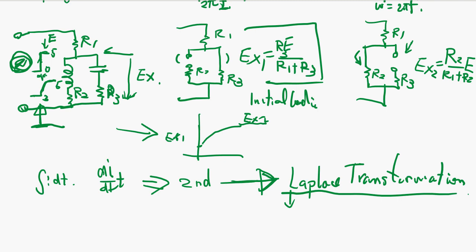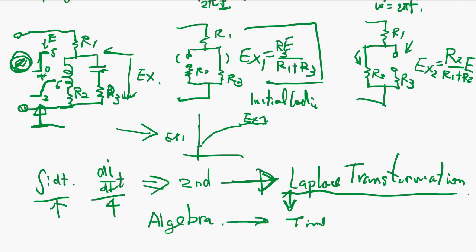Laplace transformation is just like a Fourier transformation. You transform this into Laplace notation and solve it using algebra, and convert it back to time domain. So you can get the exact function for the change of this voltage.